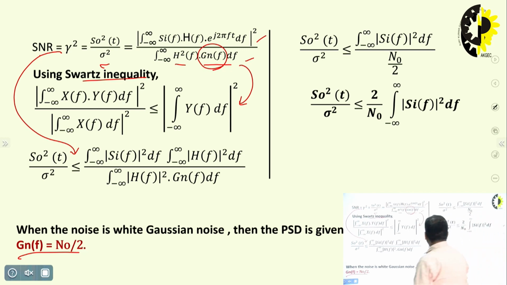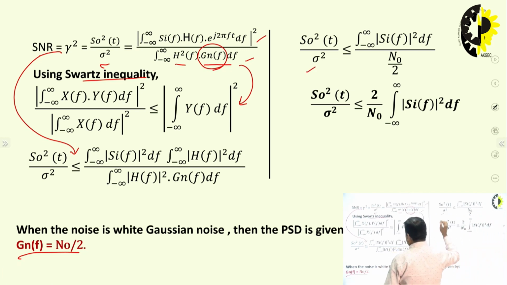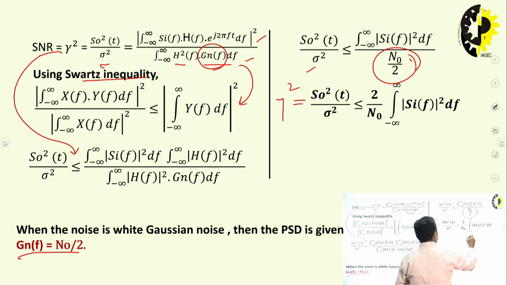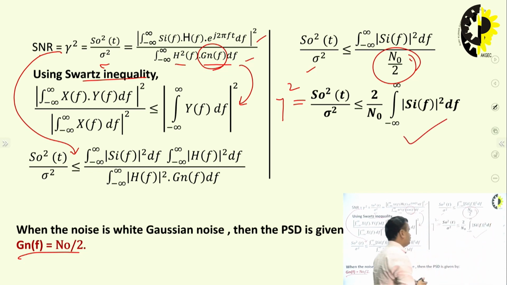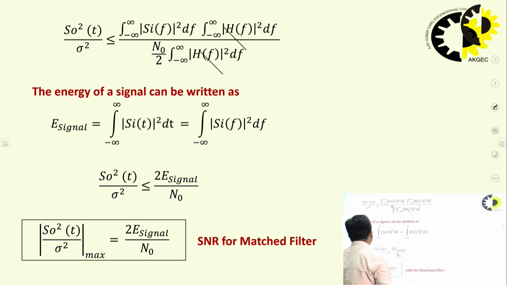So now So square(t) upon sigma square is less than or equal to integration from minus to plus infinity of Si(f) whole square df upon N0 by 2. So this is our signal to noise ratio. It will be this one. Okay, so in this way we can derive the expression for signal to noise ratio for the matched filter.